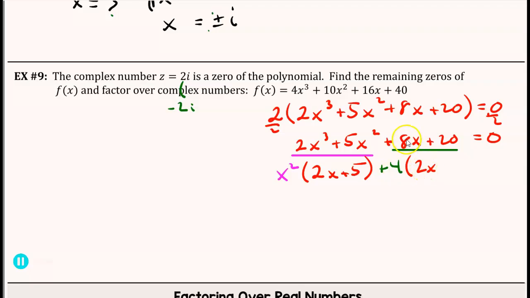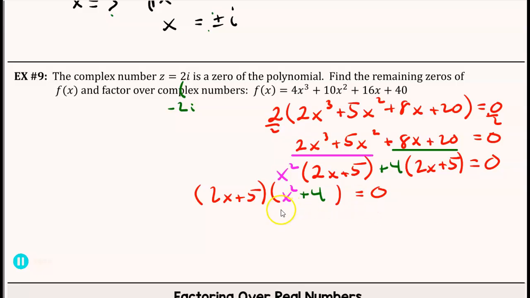Right? 4 times 2x is 8x. And 4 times 5 gives us 20. Once again, I have a common factor, which I am then going to factor out in front. And I am left with x squared from here and the plus 4 from here. Pretty cool. This is why math is fun. So many cool things.